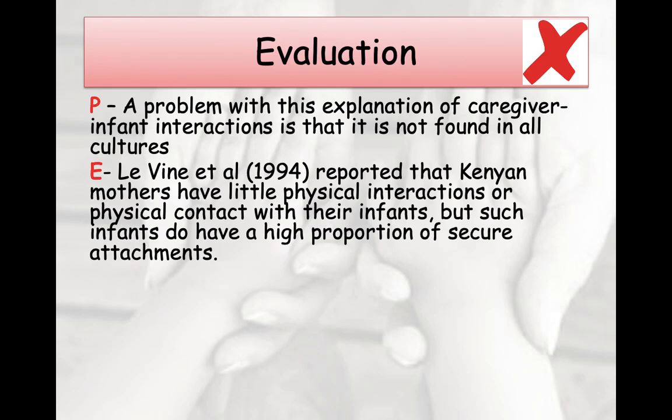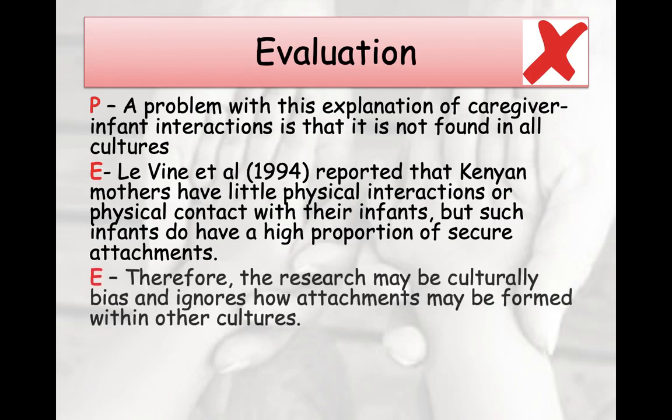So it's almost like you don't have to have interactional synchrony and reciprocity as a measure of a secure attachment, because it doesn't always happen in all cultures, yet the babies still end up forming these strong bonds. So it's not really a good way of measuring strength and quality of an attachment.